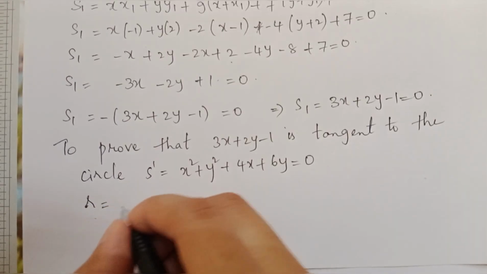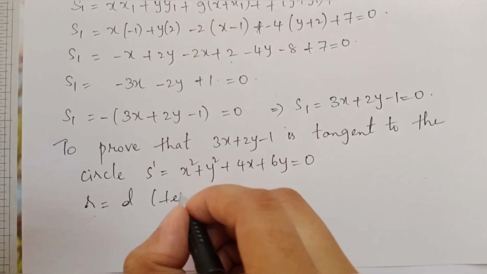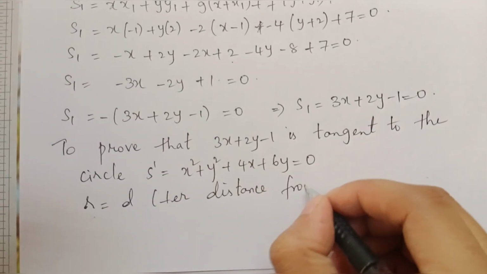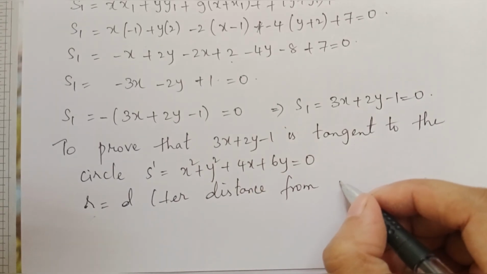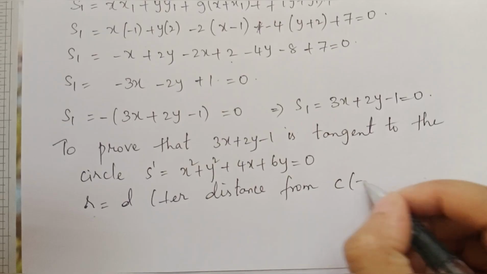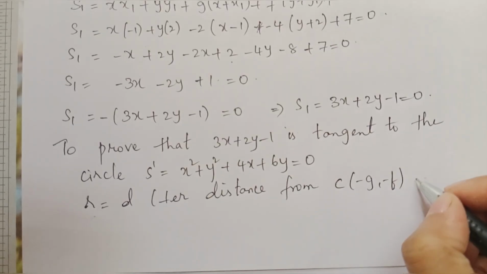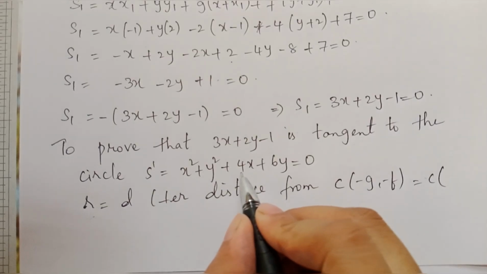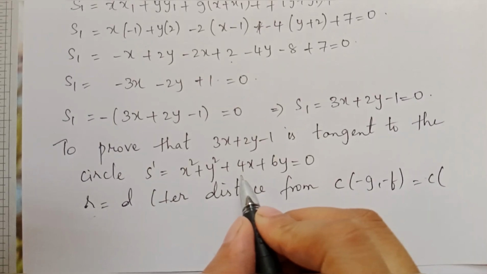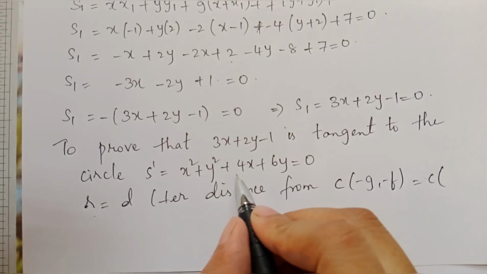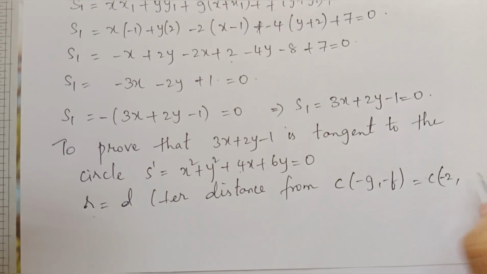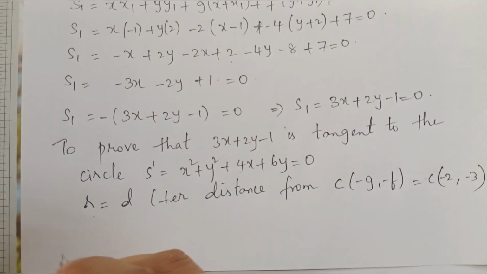The radius will be equal to d, the perpendicular distance from the center. The center will be (-g, -f). So from here we get the center by dividing by 2: 4 by 2 is 2, negative, so -2, and 6 by 2 is 3, so -3.